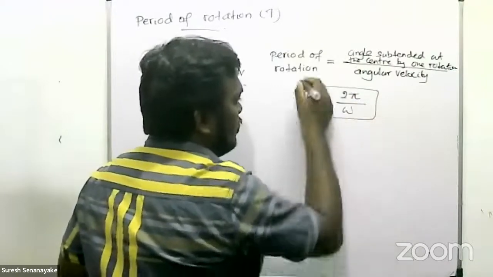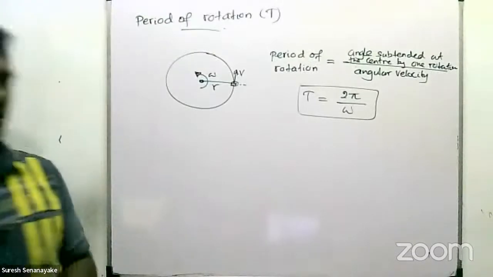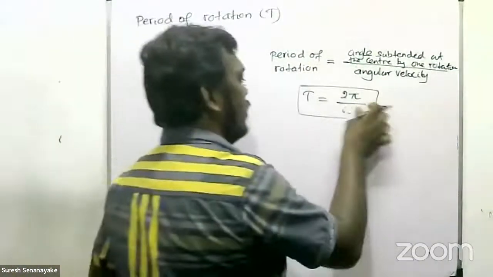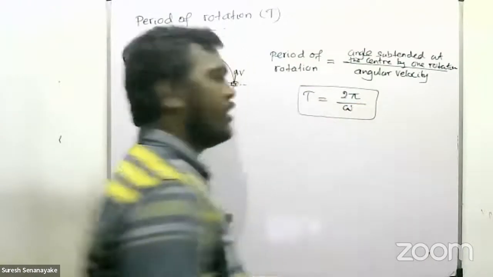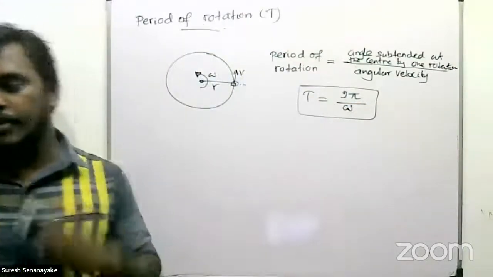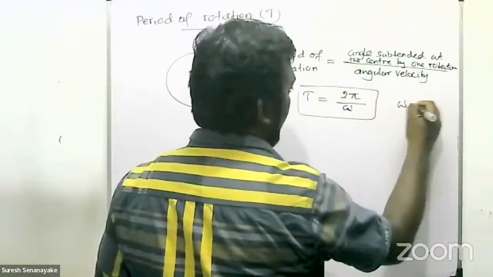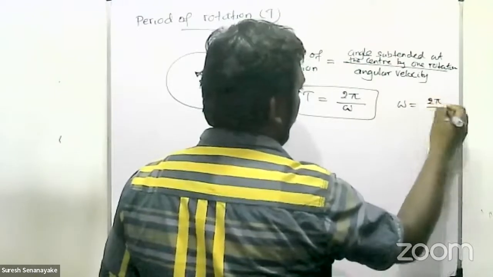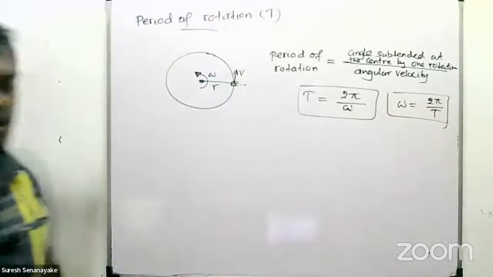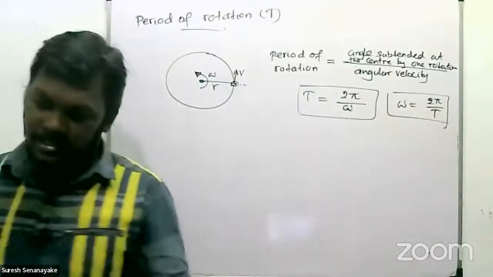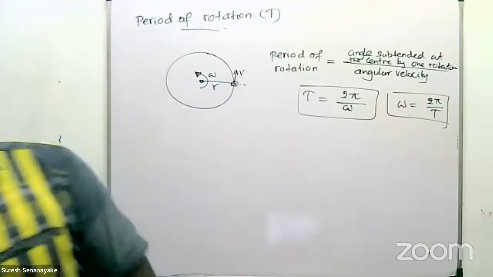So T equals 2π over omega. If you know the angular velocity, since 2π is a constant, you can find the time. If you know the time period, you can find omega. So omega equals 2π over T. Its unit is time, seconds, because it's a time.